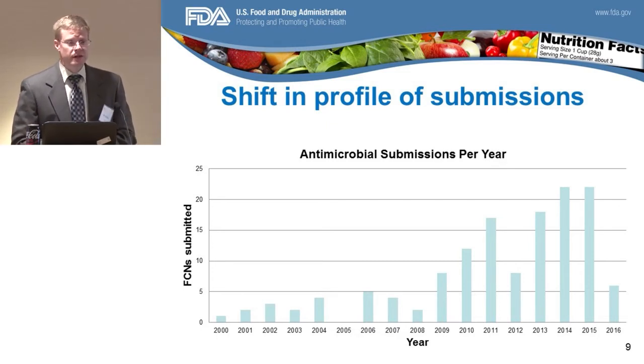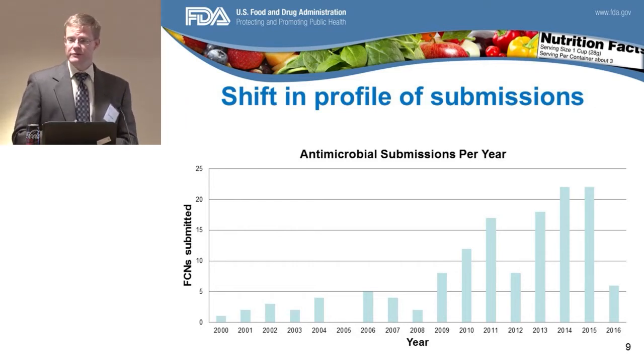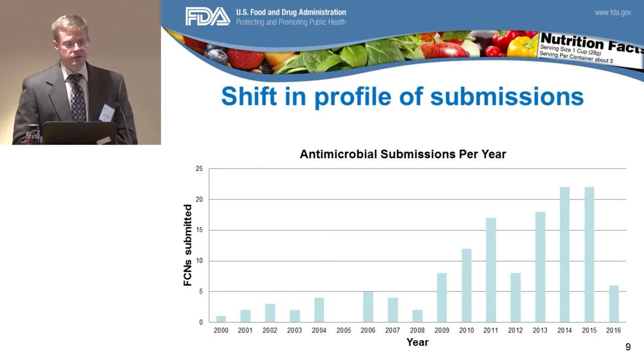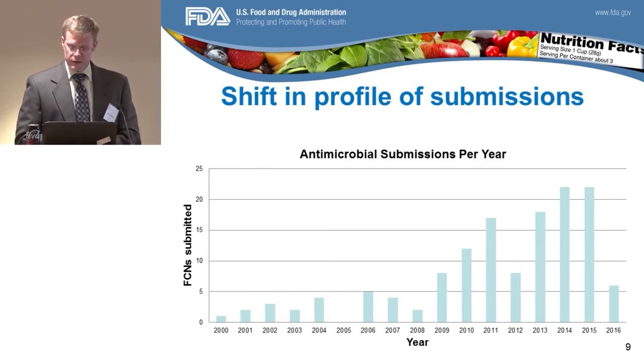You can see a huge uptick in the number of submissions for antimicrobials that are being developed for use in processing of food, such as meat and poultry and even fruits and vegetables. The other thing we see coming in is a shift in the marketplace due to either consumer demand or other reasons out there. So we're looking at different types of materials.